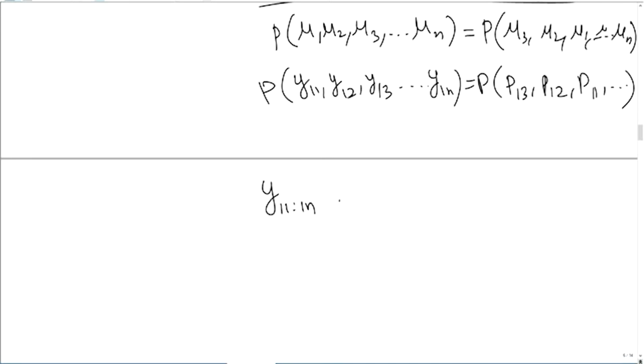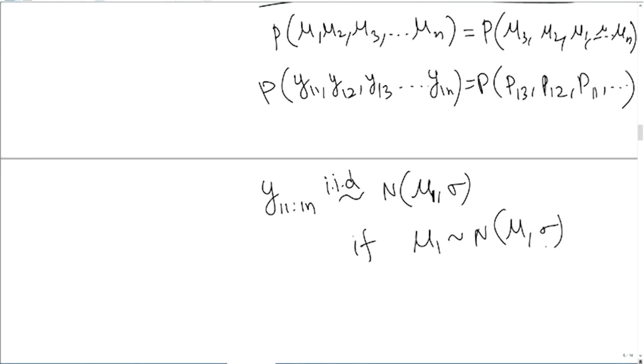So, you can say that these are independent and identically distributed, conditional on mu1 which comes from normal mu sigma.